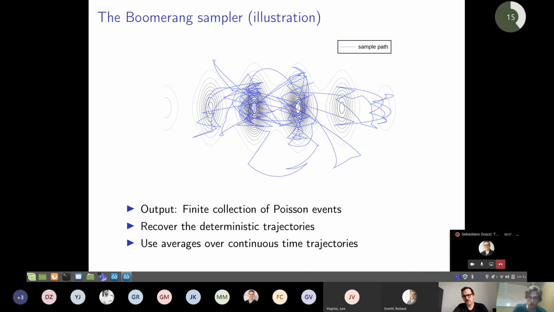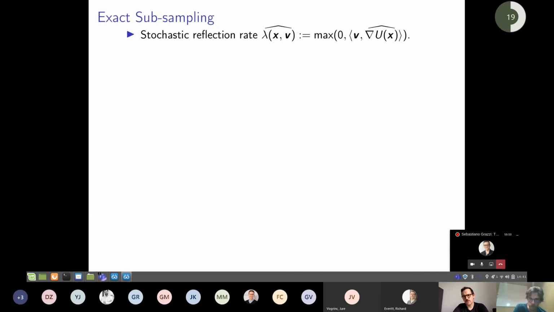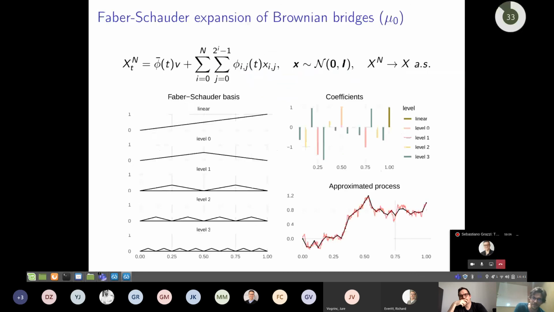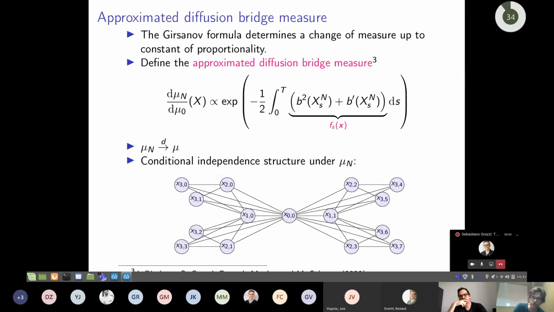Maybe I start from the second question, which I know the answer. So this is the target density, change of measure, and we use subsampling basically.